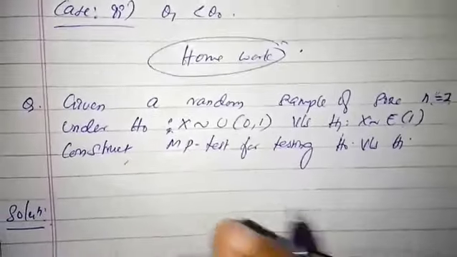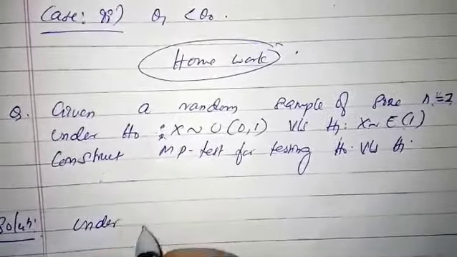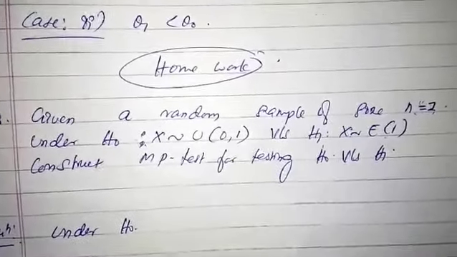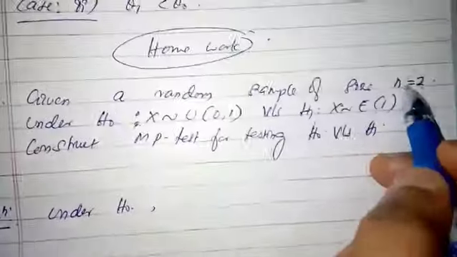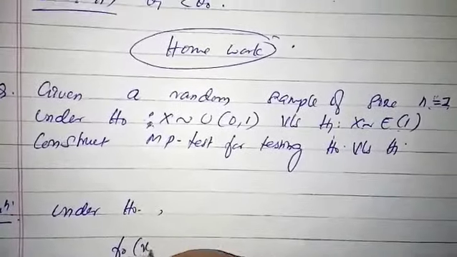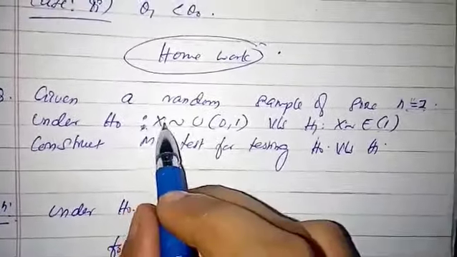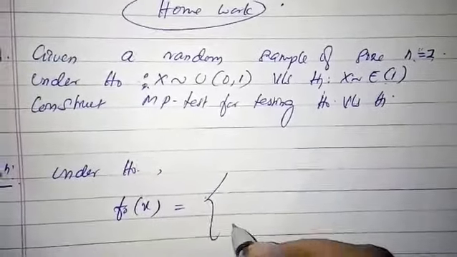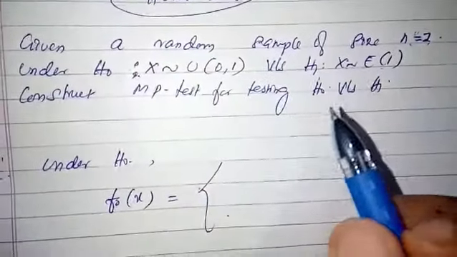And the solution: here under h naught we have one single random variable, right? So here we can take the density f naught of x equal to, under h naught, x follows uniform 0 comma 1, right? Then what is the density for uniform 0 comma 1?